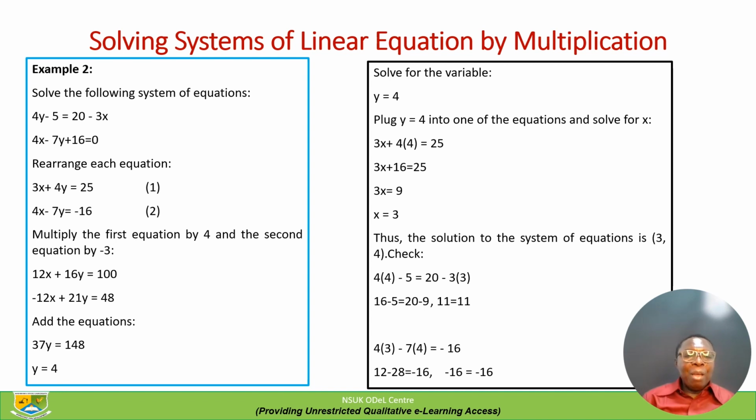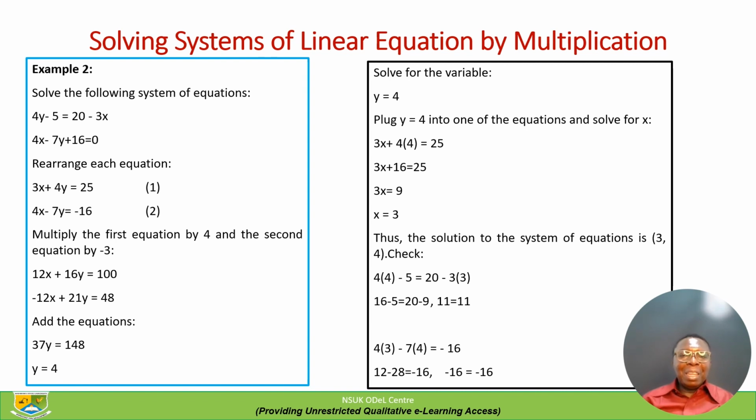So y will be equal to 4. So let's solve for the variables. Y is equal to 4. When you plug y, which is equal to 4, into one of the equations and solve for x, let's use equation 1: 3x plus 4 times 4, that will give us 25.